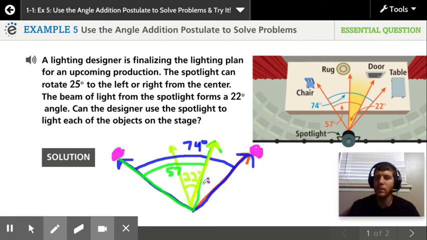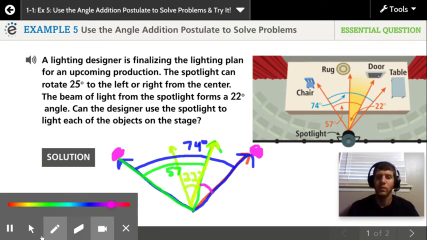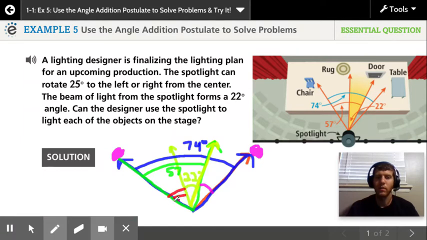So what we need are these two angles here to be 25 degrees or less. If this angle is 25 degrees or less, we'll be able to hit the table. If this angle over here, let's put red, is 25 degrees or less, we'll be able to rotate the beam over to hit the chair.